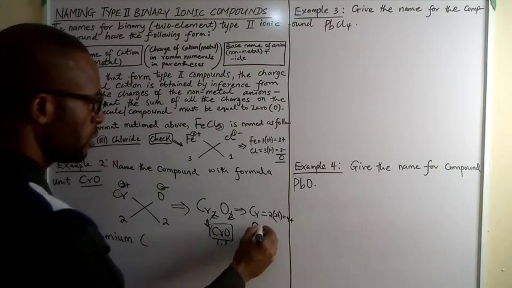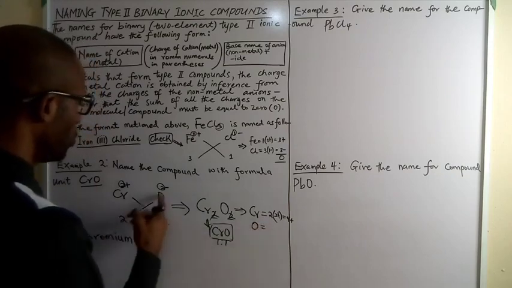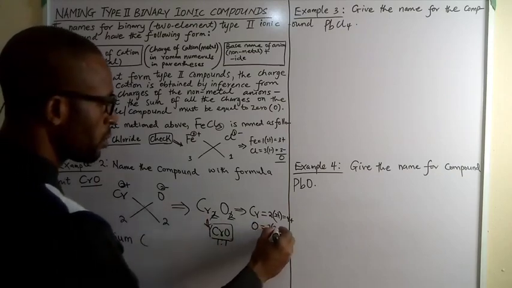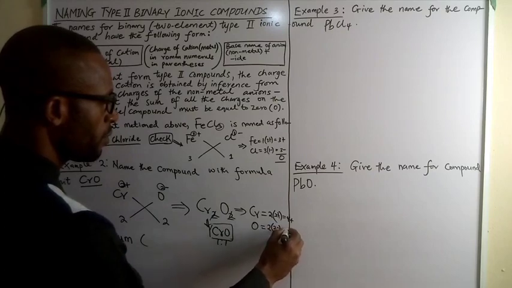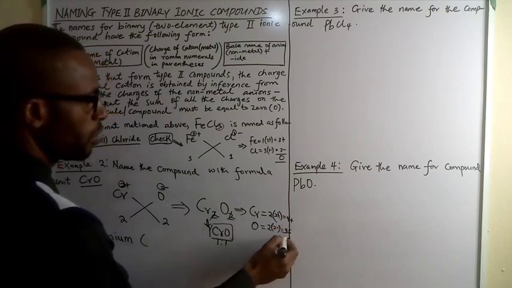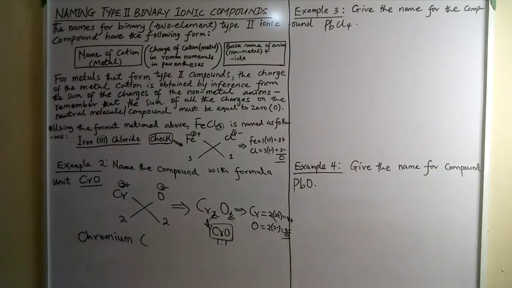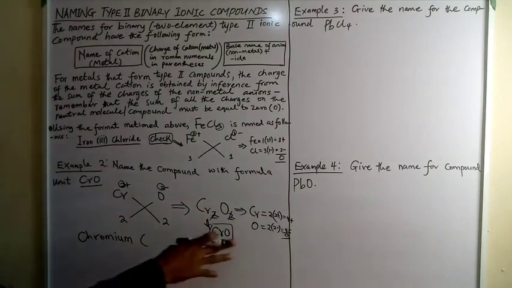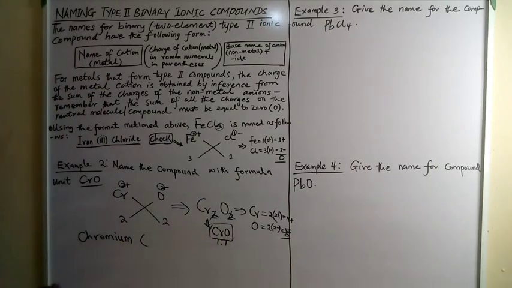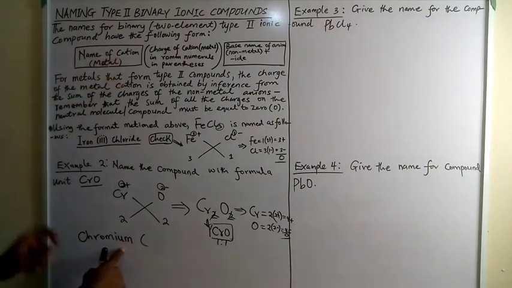For oxygen, you have what? 2 goes into 2 minus, and we have 4 minus. So 4 plus and 4 minus is equal to 0. So that is why we have CrO in the ratio of 1:1. Beautiful. So chromium is the name of the metal or the cation.